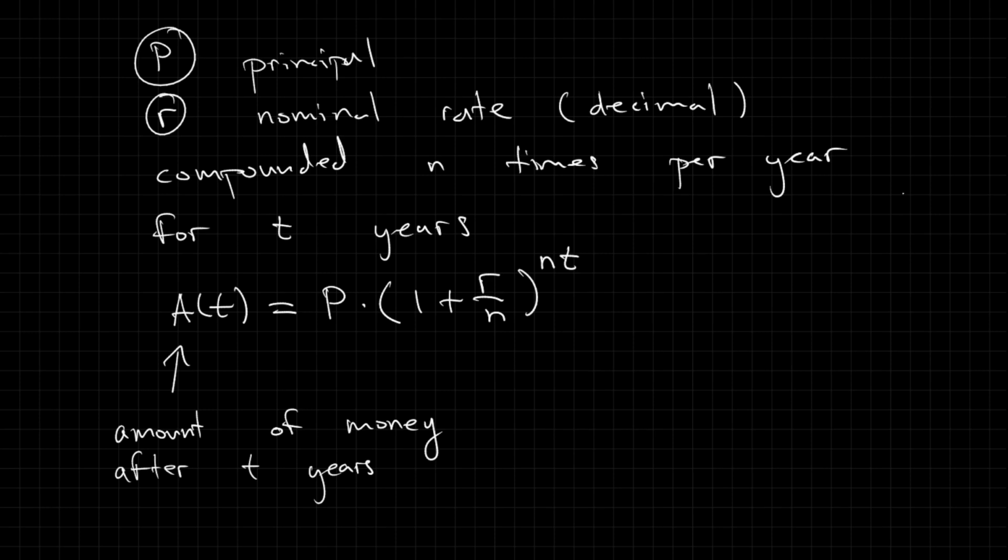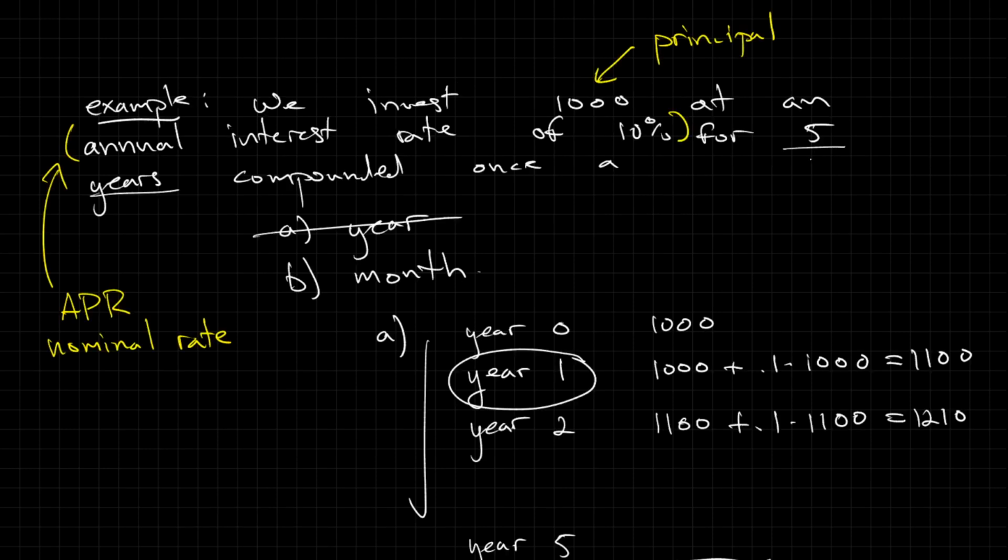So we have P, R, T, and N. So P, the principal, is going to be 1,000. R, the rate, is going to be 0.1. N is going to be, we are compounding once a month, which means 12 times a year. So N is 12. And T is 5.